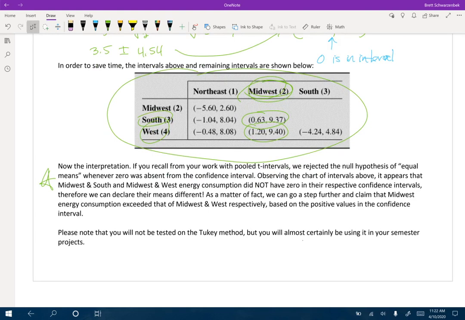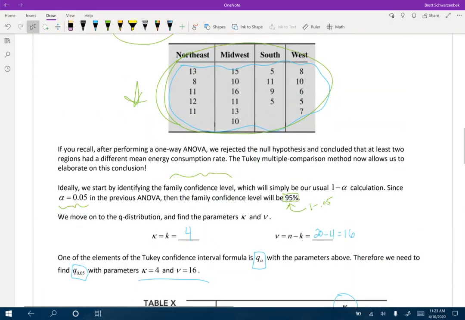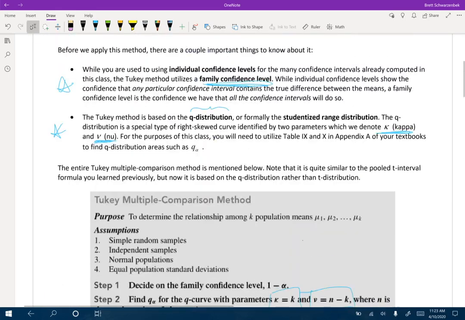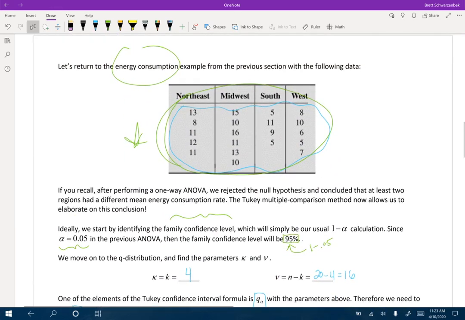So in the end, the Tukey comparison method is basically a group of intervals for every pair of means from our original test. So remember, if we go back here and look at our original test, where did I put it? I'm going to write it. So mu1 equals mu2 equals mu3 equals mu4, right?